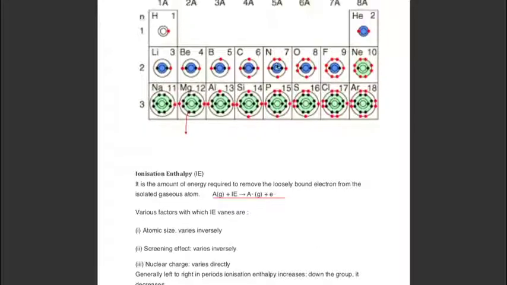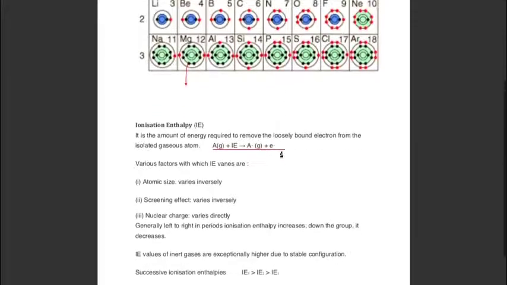Okay, next one, let us compare the ionization enthalpy of nitrogen and oxygen. Since the size of oxygen is less than the size of nitrogen, in this way the ionization enthalpy of oxygen should be more than that of nitrogen, but it is not so. The ionization enthalpy of nitrogen is more than that of oxygen.